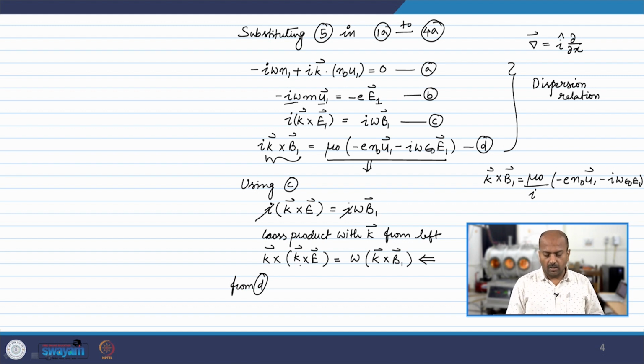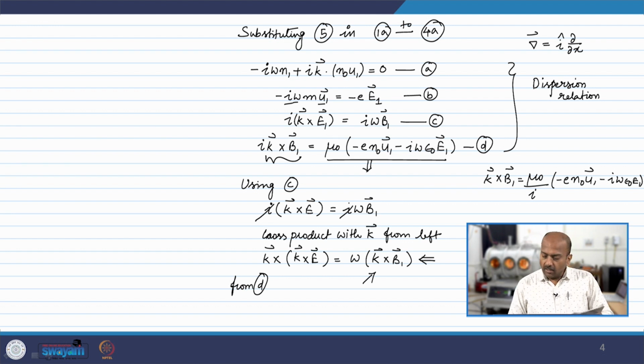K cross E is equal to omega times k cross B1. Now, k cross B1 appears in equation D on the left hand side. So, we can write k cross B1 is equal to mu naught times minus e n naught U1 minus I omega epsilon naught E1, right.